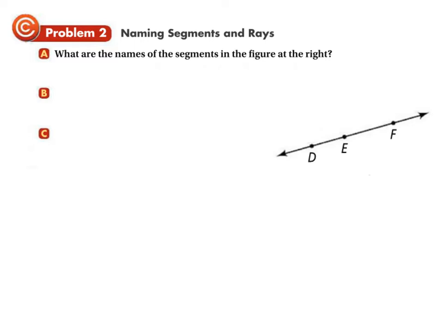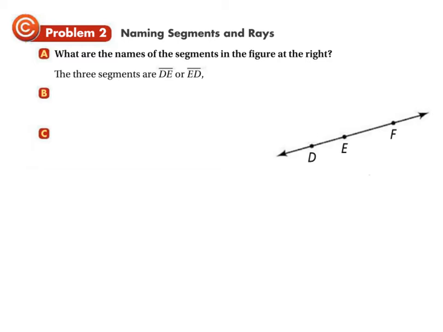Okay, so let's name the segments and rays in this figure right here with points D, E, and F on this line. And we can say, okay, what are the names of the segments? Well, let's just trace the unique segments here. We could go from here to here. We could call that segment DE, or start at this endpoint and call it segment ED, right?